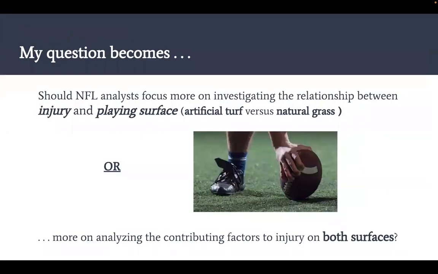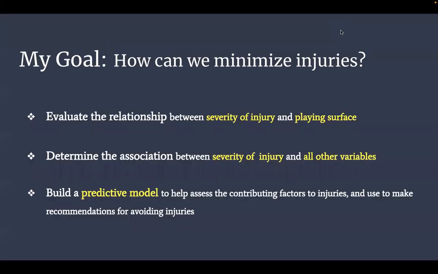So then my question becomes, should NFL analysts focus more on investigating the relationship between injury and playing surface, so turf versus grass, or should we be analyzing the contributing factors to injury on both surfaces, like Jeff Miller stated? So this brings me to my goal. How can we minimize injuries overall?